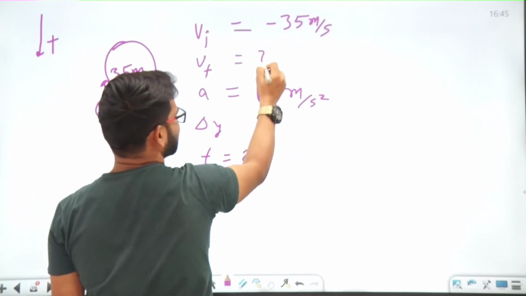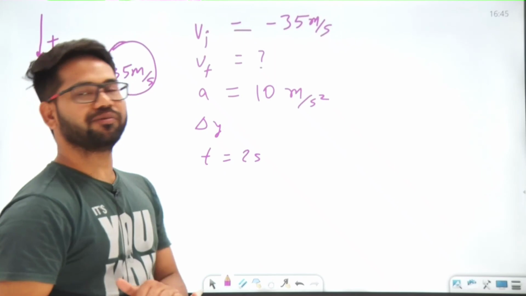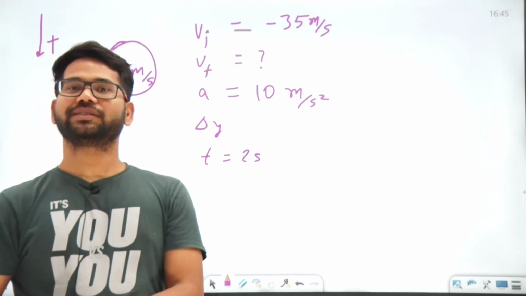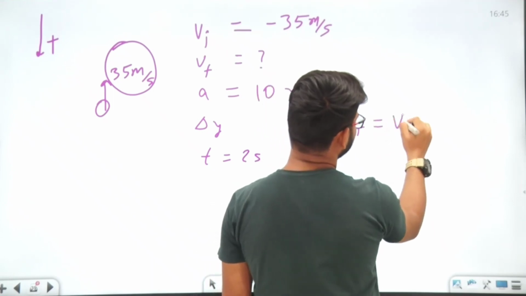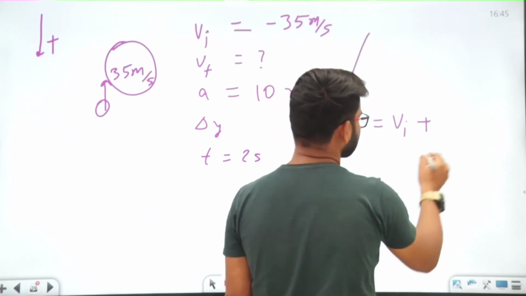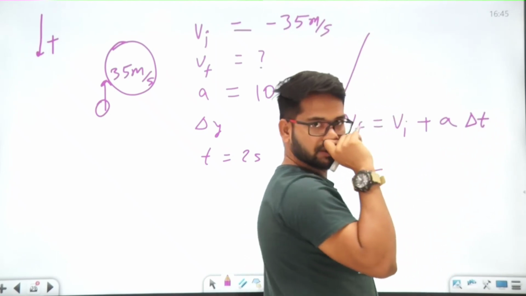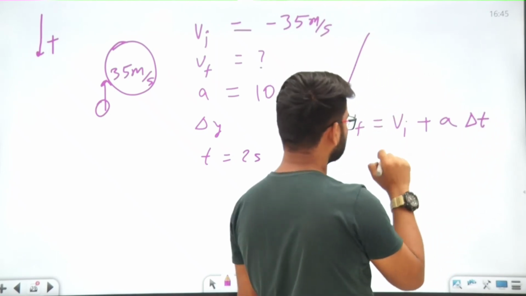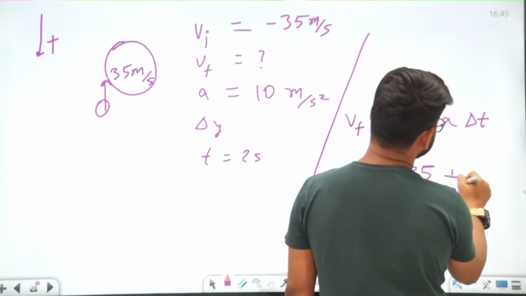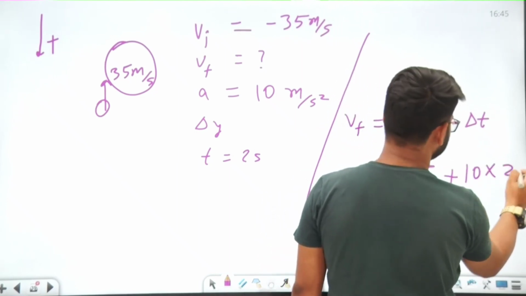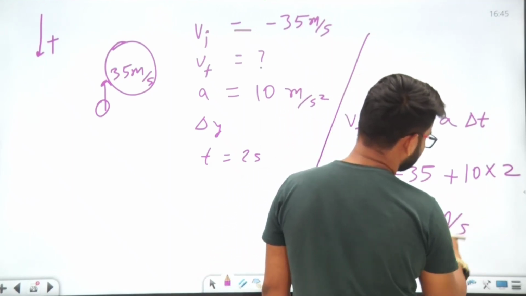And we have to find the final velocity. So students, which equation will be suitable? The no displacement equation. So write Vf equals Vi plus a delta t. Vi is minus 35 and this is plus 10 into t, which is 2 seconds. So we got minus 15 meter per second.